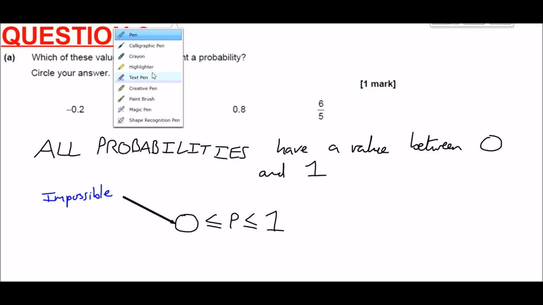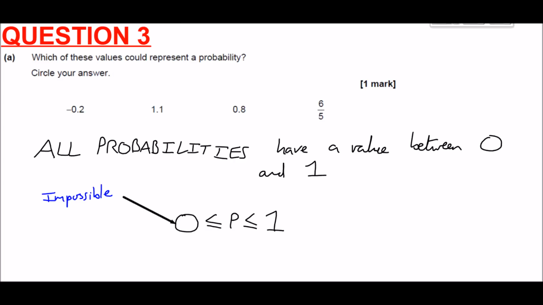And the opposite end of this is the other side with a 1, and the opposite of impossible, this 1, the probability is 1, that represents certainty. So 0 is impossible, for example, you roll a dice and you get a score of 8.